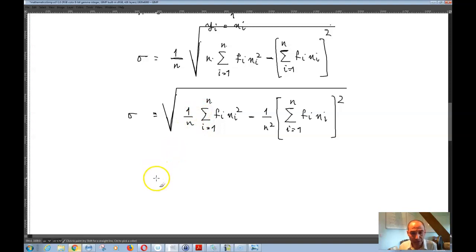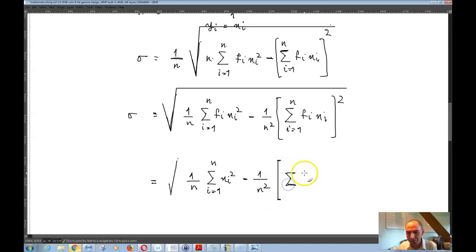So you can write that as the square root of 1 over n sigma of x of I squared as I goes from 1 to n minus 1 over n squared times sigma of x of I as I goes from 1 to n, whole squared, and that is equal to standard deviation.